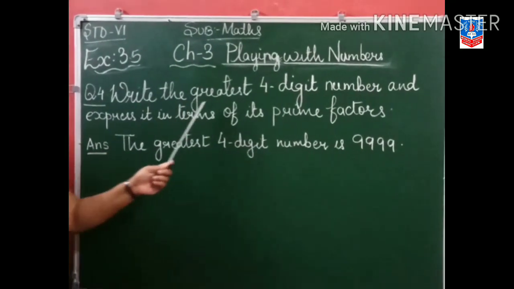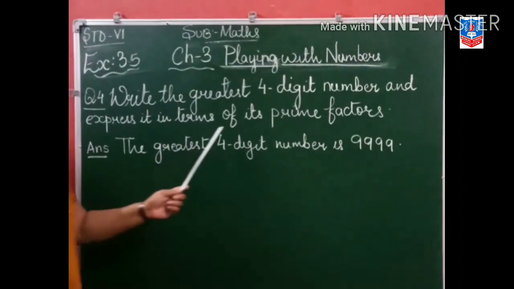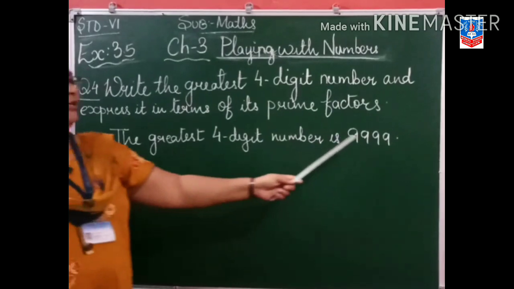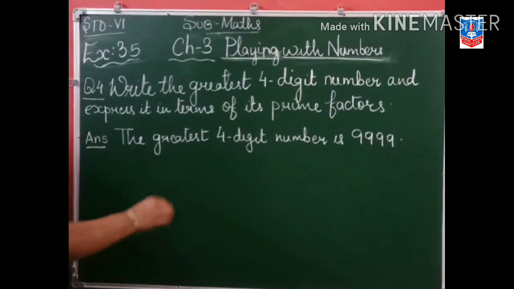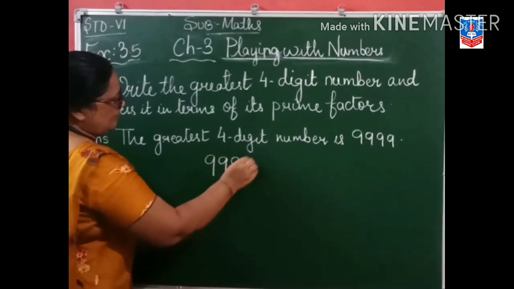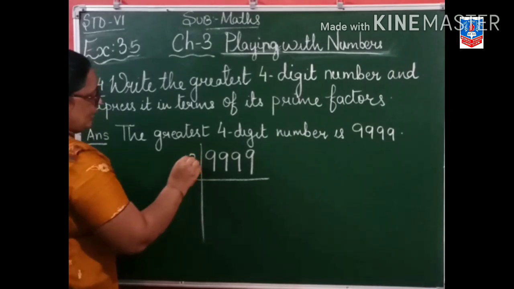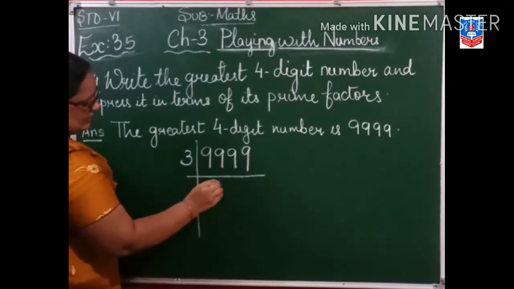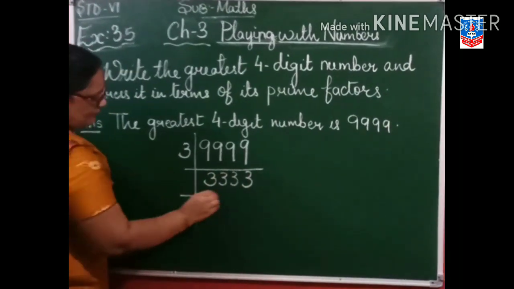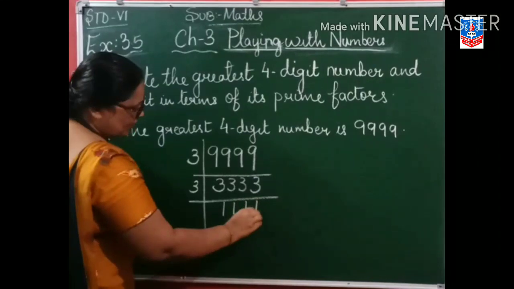Write the greatest 4-digit number and express it in terms of its prime factors. Now the greatest 4-digit number is 9999. We have to express this in prime factors. Now see, with 3 we can do this. 3 threes are 9, 3 threes are 9, 3 threes are 9, 3 threes are 9. Again with 3, so 1111.